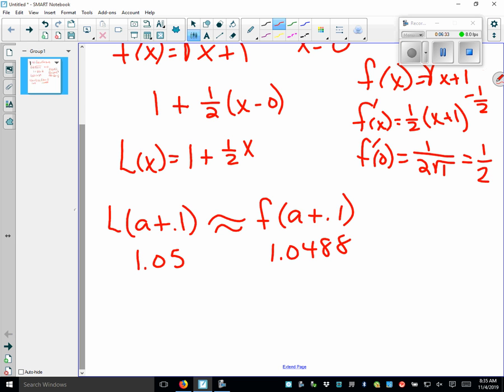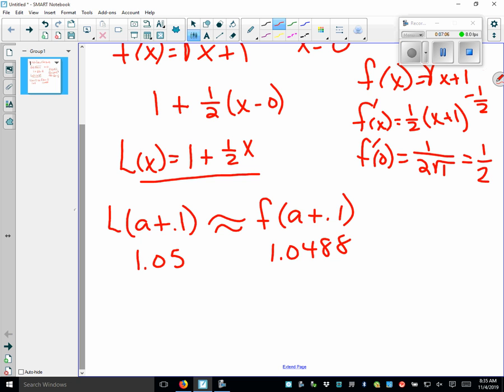Why is 0.1 in there? Because that's given to you to do. So you have two answers. The first one is what the linearization L is. The second is to compare these two numbers, plugging f of a plus 0.1 into the original function f.